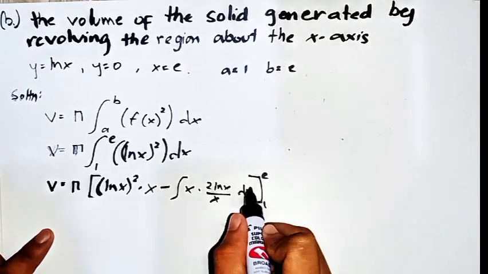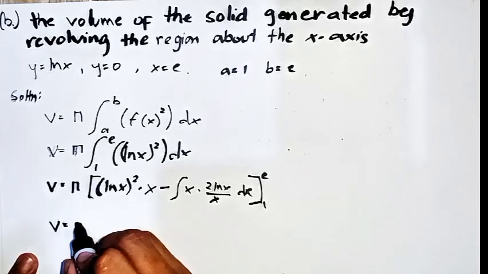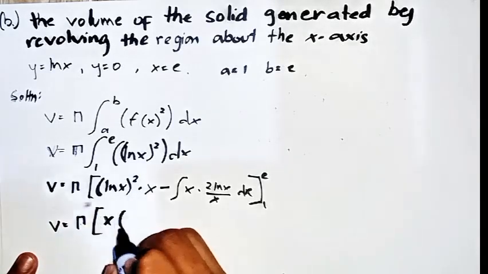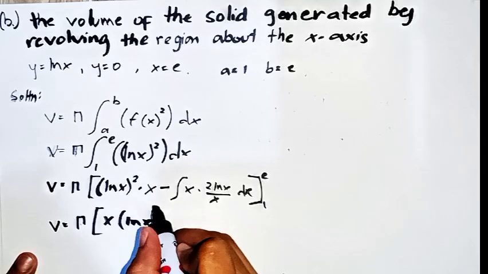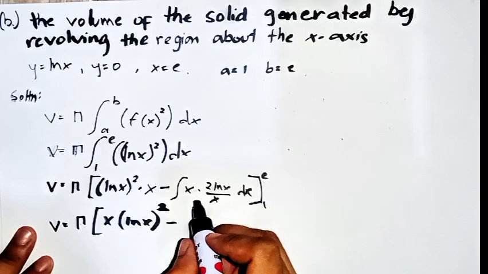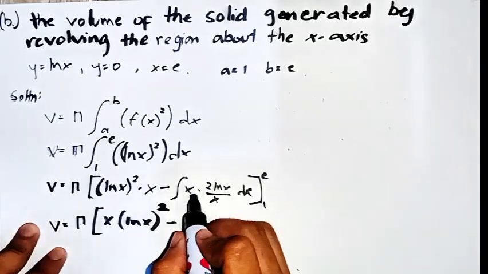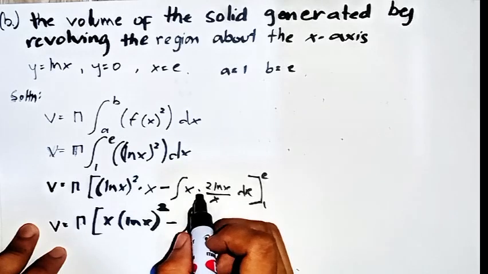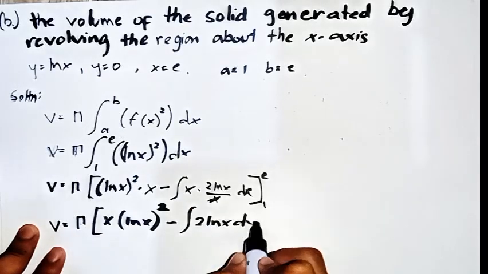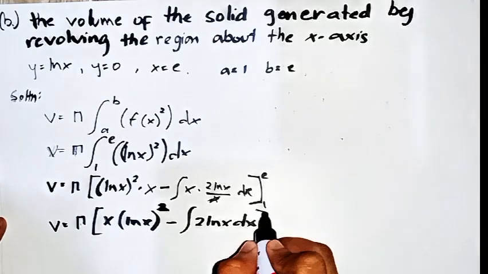Now, let's proceed. V is equal to pi, copy the pi, ln x squared times x is x ln x squared, minus the integral of x times 2 ln x over x. The x cancels, right? So 2 ln x dx, and don't forget 1 to e.